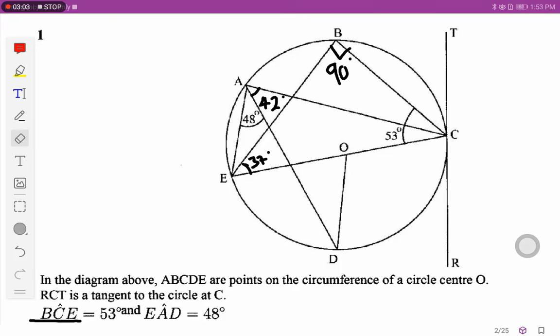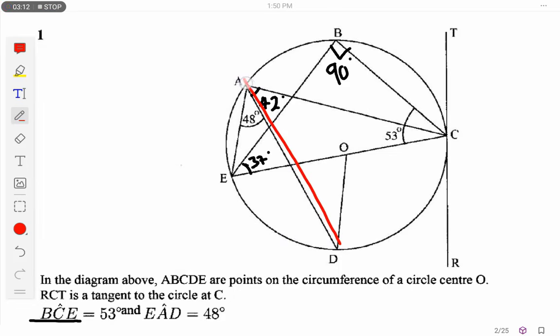Let's go on. If this is 42 degrees, then the angle at the center will be twice that. We are using the idea of angles at the center, so 42 times 2 gives 84. So this angle is 84 degrees.